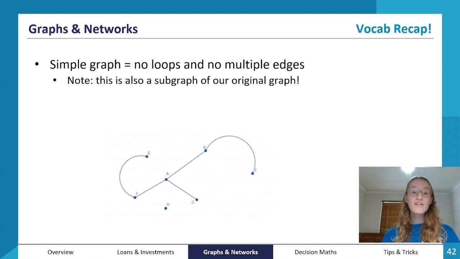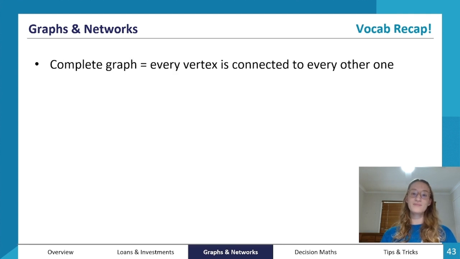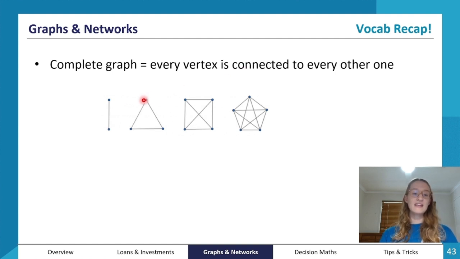A simple graph has no loops and no multiple edges, and note that this is actually also a subgraph of our original graph. We've just had some parts taken out to make sure that there are no loops and no multiple edges, so we've turned it into a simple graph. A complete graph is where every vertex is connected to every other one. You can see that here our 2 vertices are both connected.